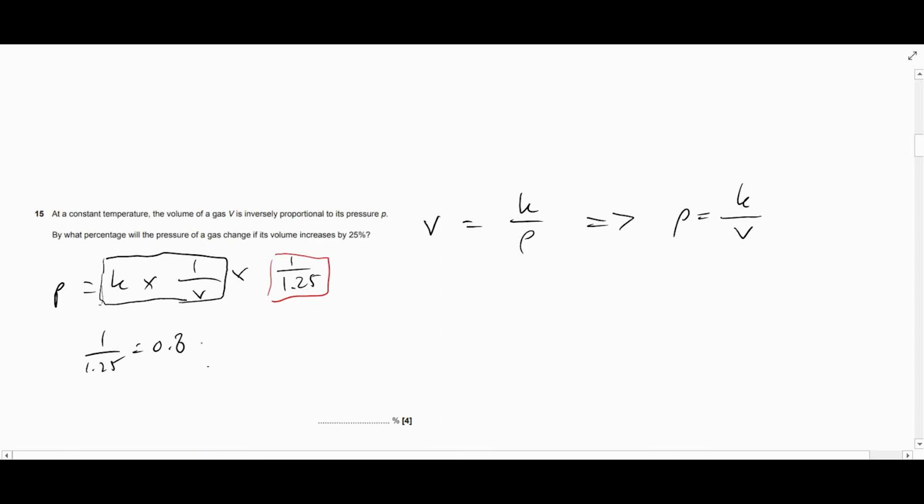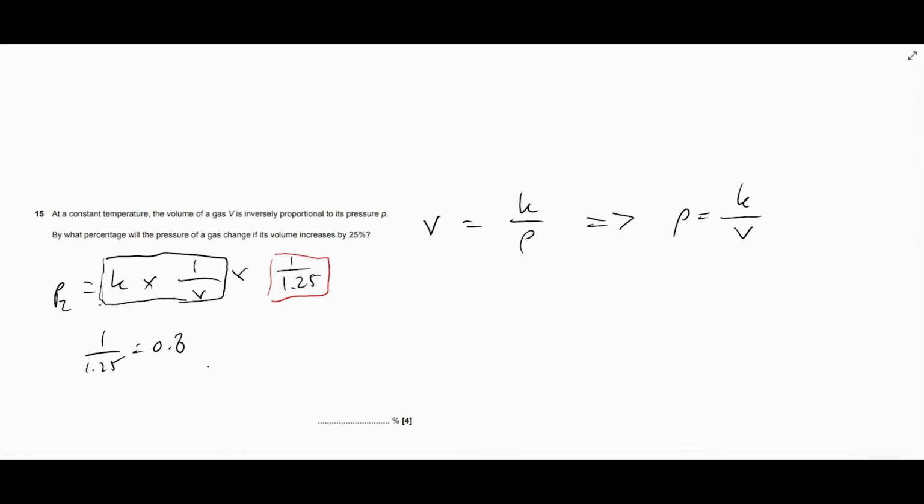So what this means is, by not changing, v is just v, then we have some value p. And if we're looking for p2, the new p, once the volume is changed, well, p2 is the same as p, except it's multiplied by this, 1 over 1.25. And this value is equal to 0.8.